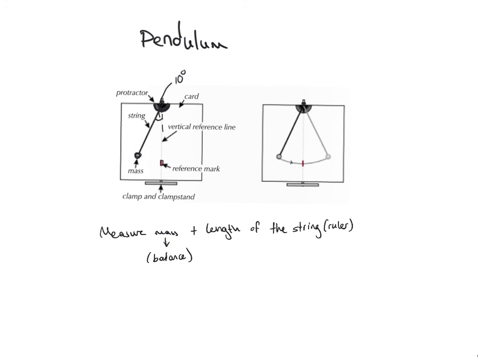And you will notice that for one oscillation only, it actually takes such a short amount of time that your value won't be accurate. So you won't be able to make an accurate measurement. So what you will need to do then is to measure the total time it takes to make, let's say, 10 or 20 oscillations.